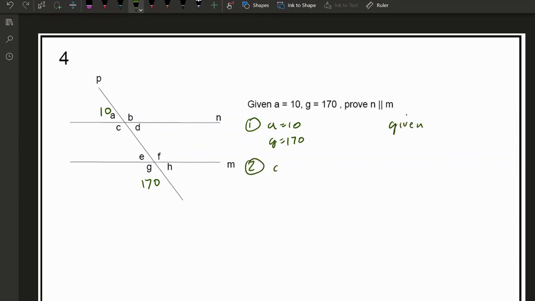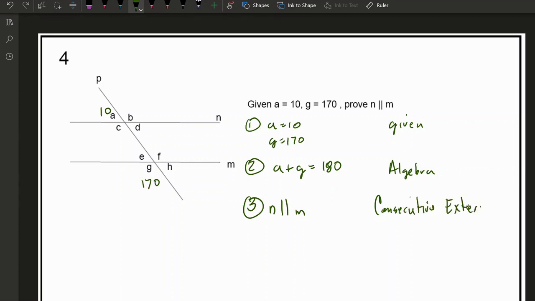Step 2, A plus G is equal to 180. We could call that algebra. Now I've shown A plus G is 180, so angles A and G are supplementary, and if consecutive exterior angles are supplementary, then the lines must be parallel. So now I can say N is parallel to M because of the consecutive exterior angles converse.